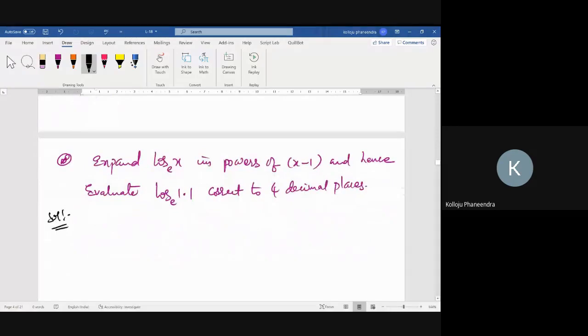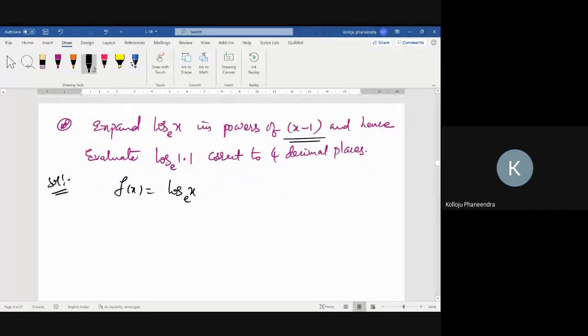f of x is taken as log x to the base e, and what is the series required in terms of? x minus 1, that is Taylor series, not about the point x equal to 0. Okay, about the point x equal to 1 here. Taylor series about the point x equal to a formula.